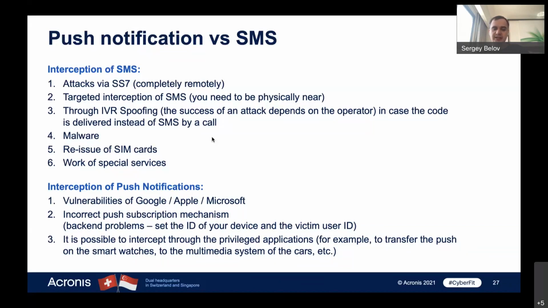And in some cases, some mobile apps, even on iOS, can have access to push notifications, like on smartwatches, multimedia systems in cars, and so on. Issues in these applications could be used to intercept push notifications, but still, these are very rare scenarios.